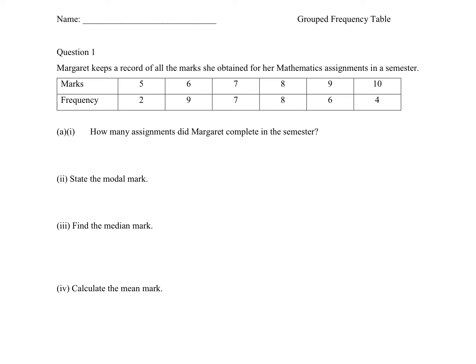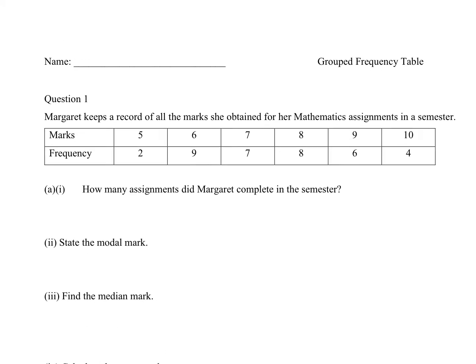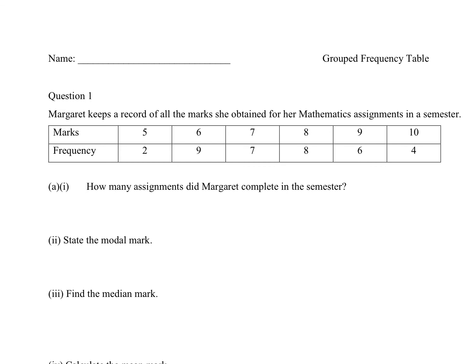A frequency table will look something like this in question 1. Question 1 says, Margaret keeps a record of all the marks she obtained for her mathematics assignments in a semester.